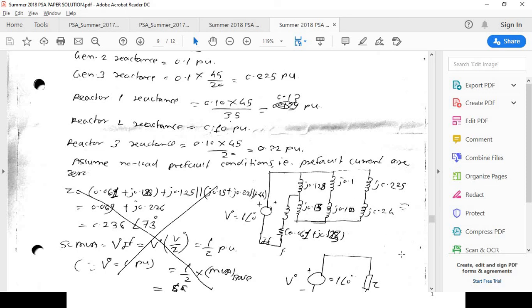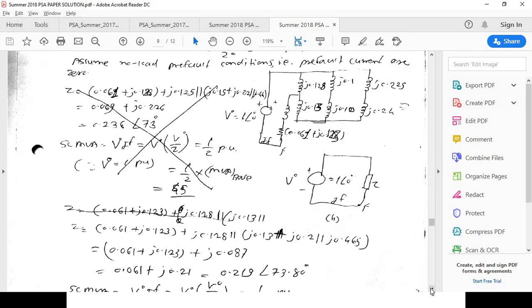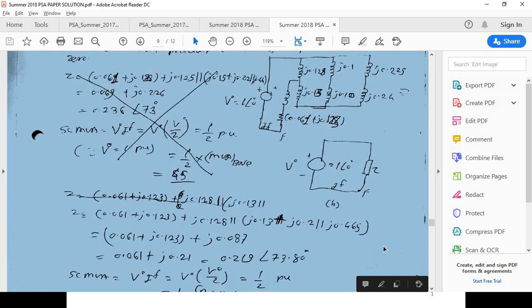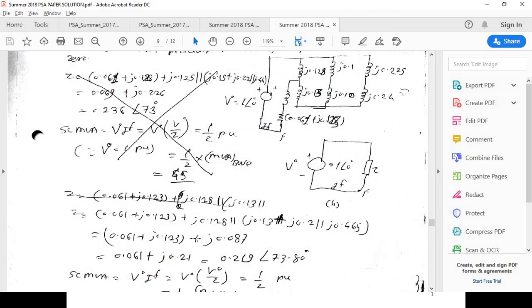For calculation of fault current, we calculate the equivalent impedance: 0.061 + j0.123, the impedance of the feeder line, plus j0.128 plus the parallel combination of the remaining branches, including j0.465. So we get the equivalent impedance, 0.219 at an angle of 73.80 degrees per unit.